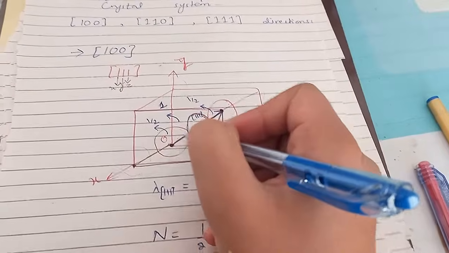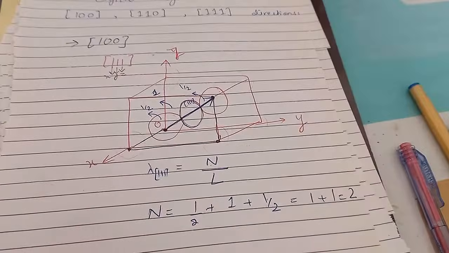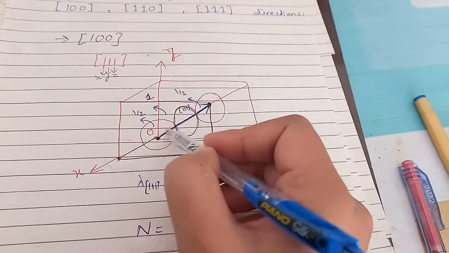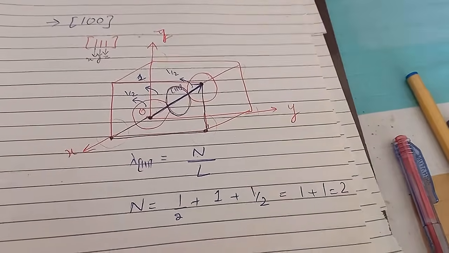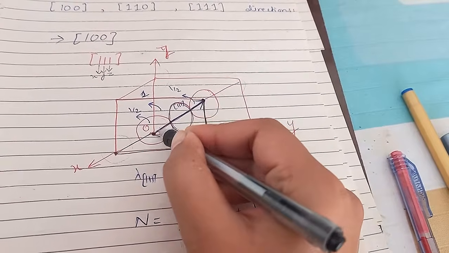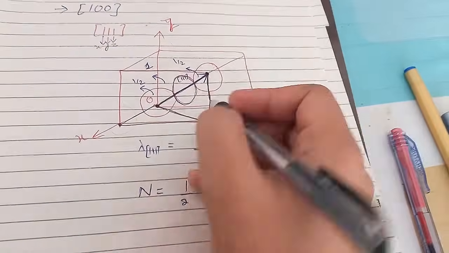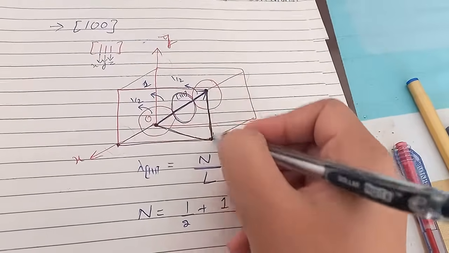Now we need to find the length of this vector. We have already found its value in terms of radius, but we'll do it again. We'll first need to form a right angle triangle, which will be like that. This is a right angle triangle which involves this vector also. This length is parallel to the z axis, so this length is a.